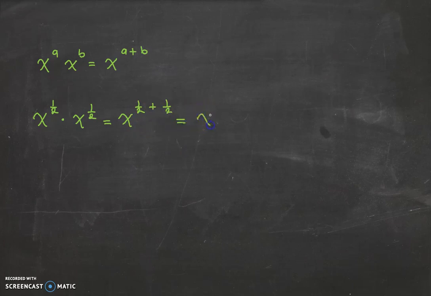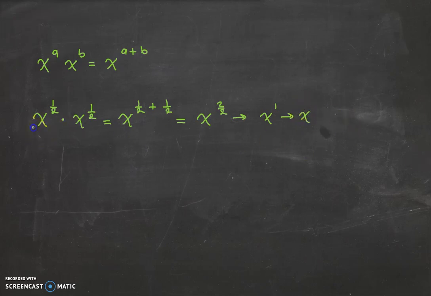That simplifies to x to the 2/2, which of course simplifies to x to the 1, which we can just write as x. Okay? So x to the 1/2 times x to the 1/2 equals x.